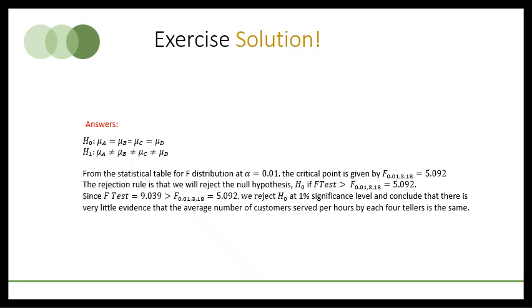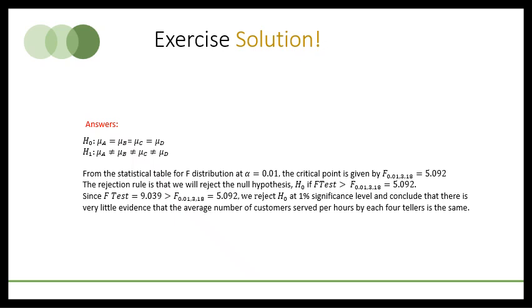Here is the quick answer for the exercise. I hope you got the same as me. The null hypothesis is mu A equal to mu B equal to mu C equal to mu D, since we have 4 groups, and the alternative is that the means are not all equal.